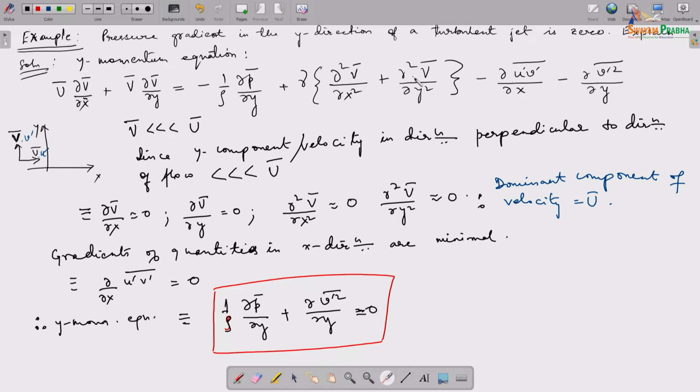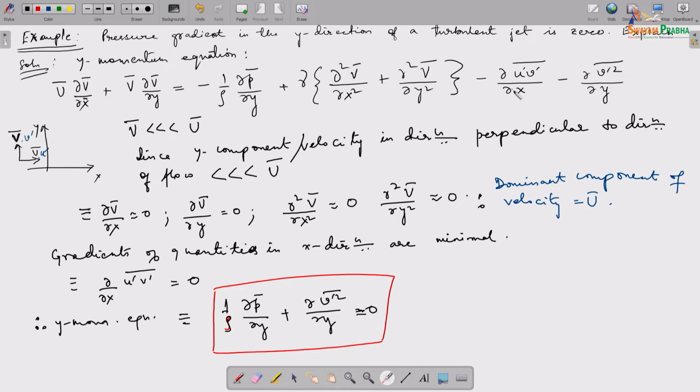Now the second thing is the gradients of quantities are primarily dominant only in the y direction, not the x. So in that case, this term essentially is a gradient in the x direction, which is nearly 0, because what we're saying is the sum total of the fluctuating components of velocity does not vary along the x-axis.